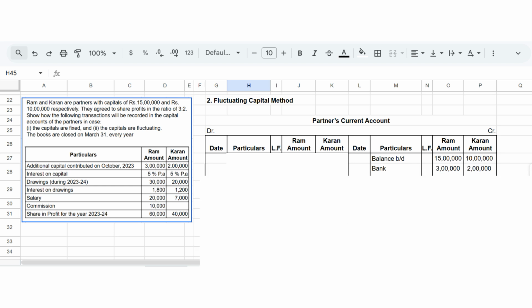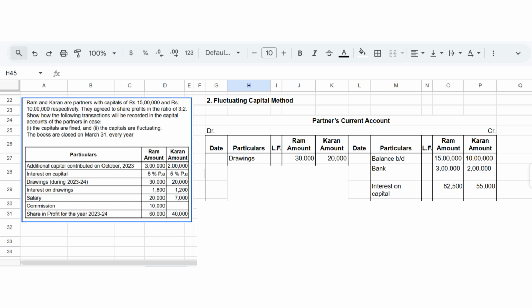Then bank, that is additional capital 3 lakh rupees and 2 lakh rupees. Next, interest on capital. We have calculated interest on capital, credit side 82,500 and 55,000. Drawings during the year 2023 and 24, 30,000 and 20,000.